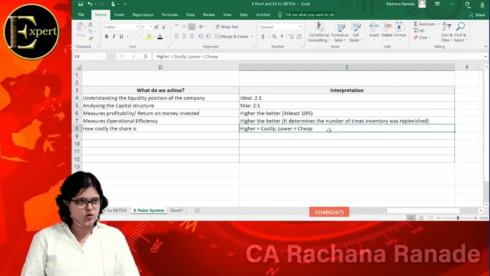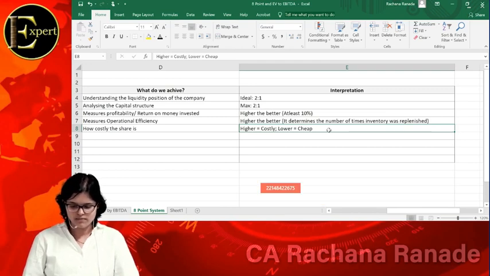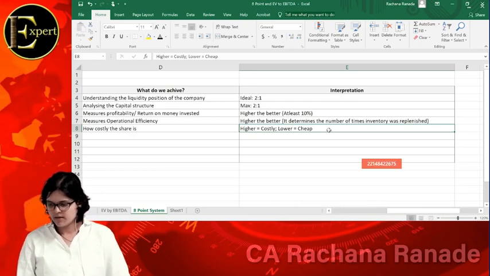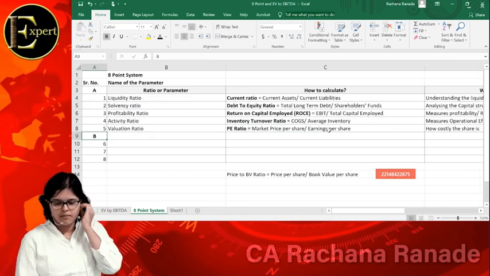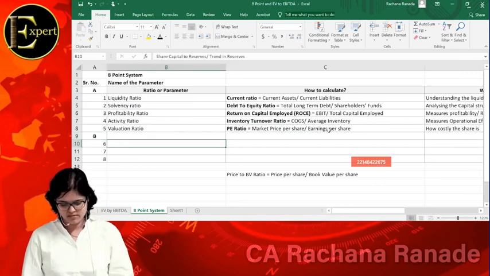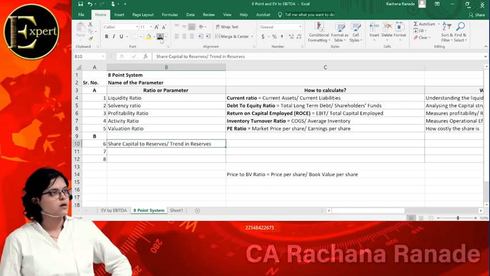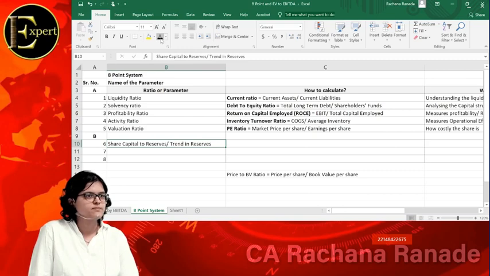And there write down a note: higher or lower can be determined by comparing it with industry PE.